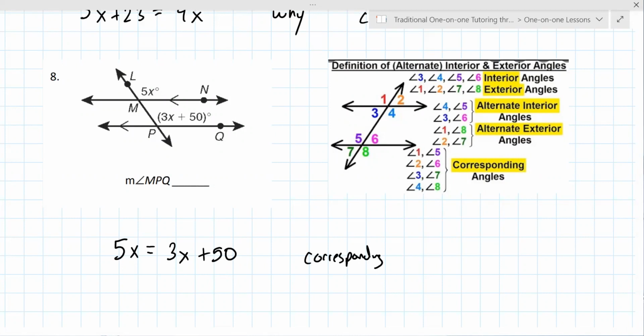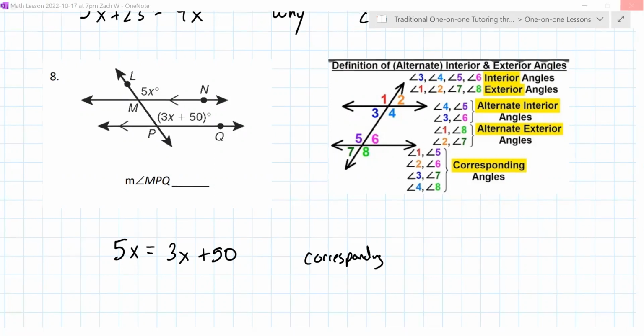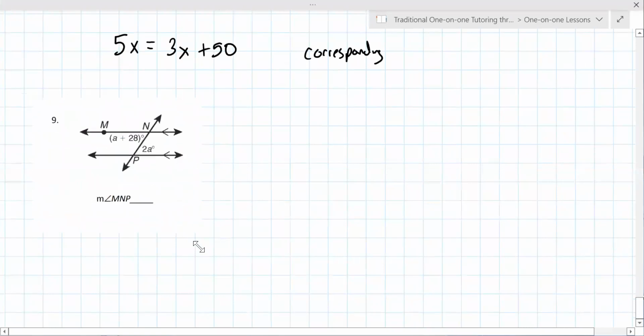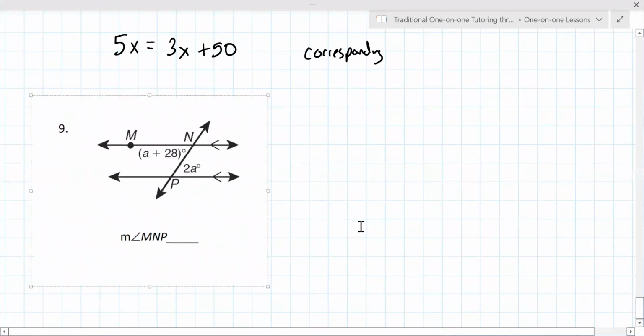I liken it to an intersection. Tucson's great for this because there's roads. At one intersection, there's a Circle K top right, and at another intersection, there's a Circle K top right.